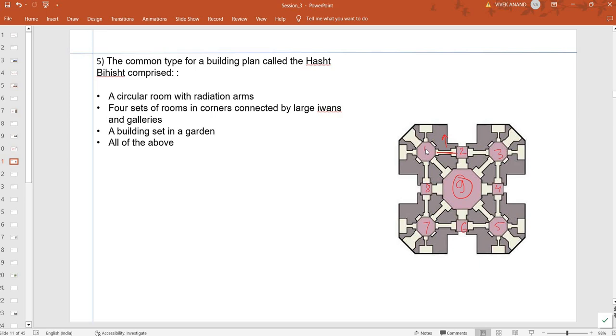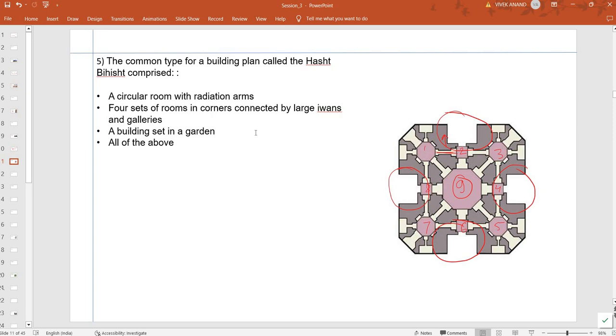Like here, this is a portion of an Ivan, in plan. They are very large in size. You can say it is a type of gateway. So the right answer is four sets of rooms in corners connected by large Ivans and galleries.